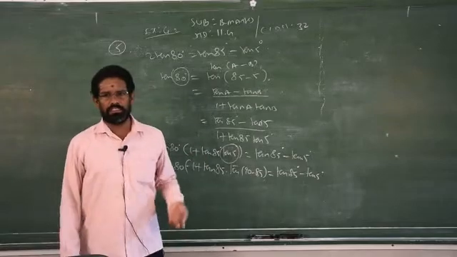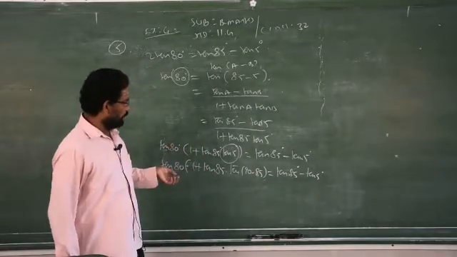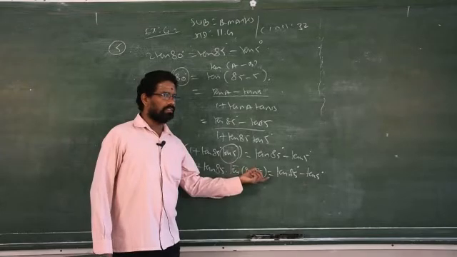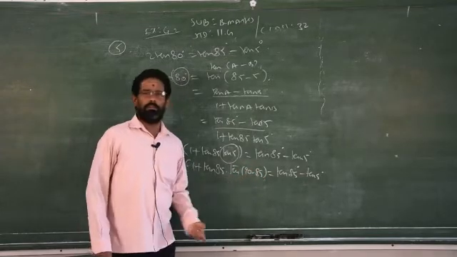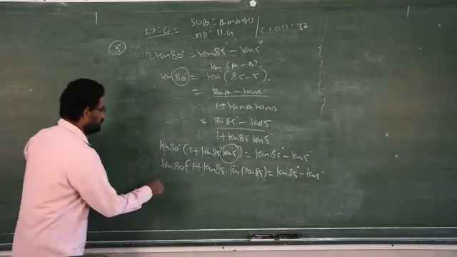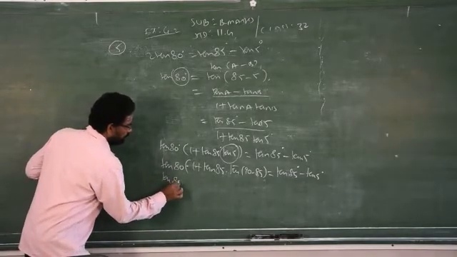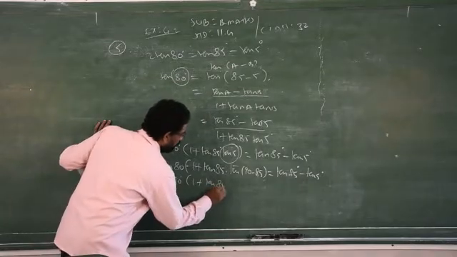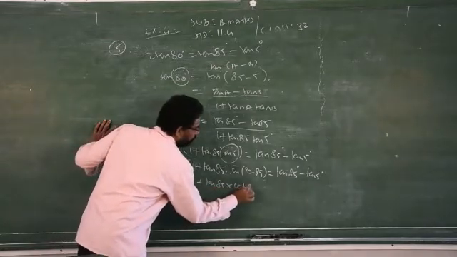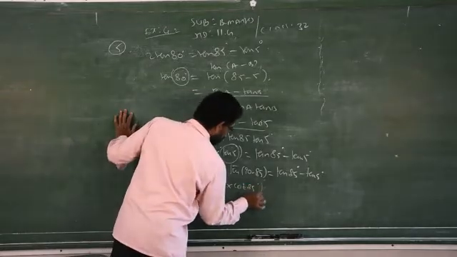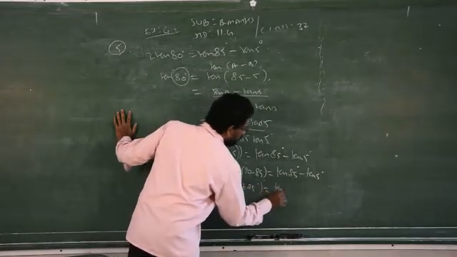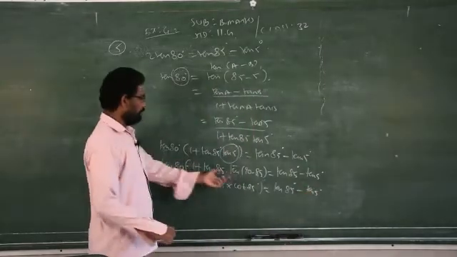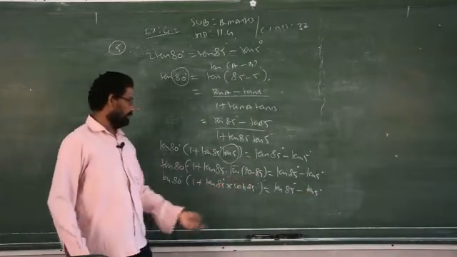I told you already, just remember exercise number 4.1: if you subtract from 90 plus or minus or 270 plus or minus, tan will become cot and cot will become tan. So by using that concept, I got 1 plus tan 85 into cot 85 degree is equal to tan 85 degree minus tan 5 degree. This was studied already in exercise number 4.1.